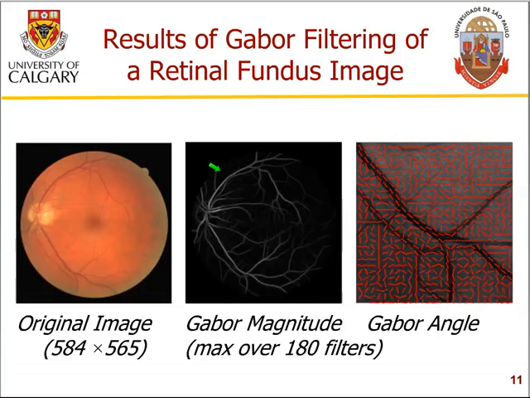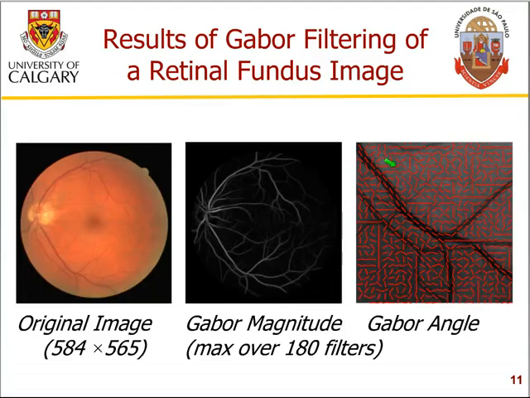And then in the third image, at every pixel, you see the angle that was detected by the Gabor filters, which is the angle of the Gabor filter that gave the highest response at that pixel. So you can see that for the blood vessels here, the angle agrees with the angle determined by the Gabor filter as you follow each blood vessel.